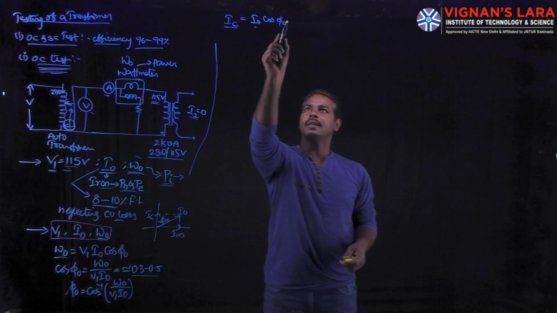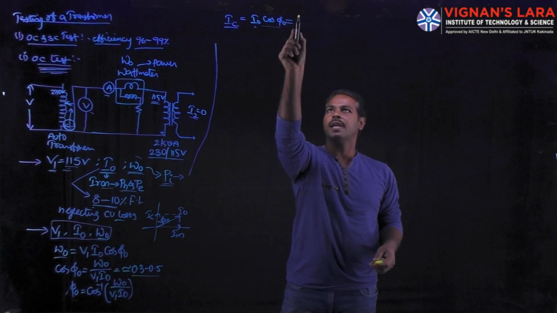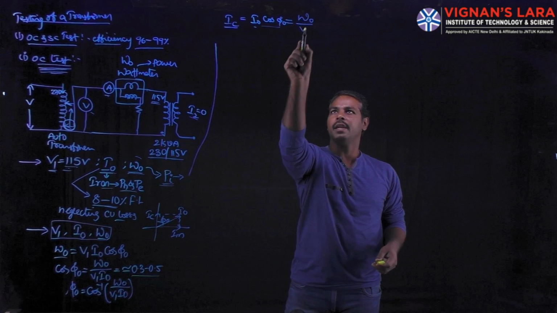Other than this expression, we can also calculate the core loss component as W naught divided by V1.